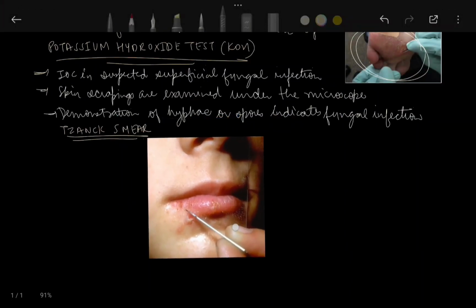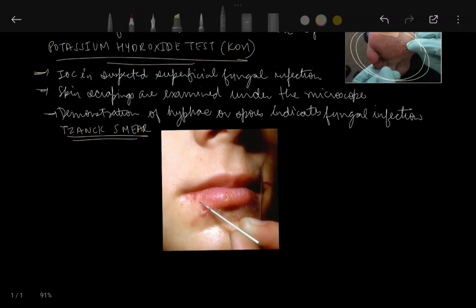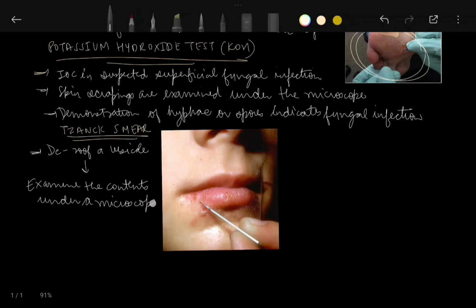This is the image in which Tzanck smear is being taken. In Tzanck smear, a special term is used, which means roofing a vesicle. It means removing the superficial roof of the vesicle, or any fluid-filled vesicle, in order to examine the contents under a microscope.